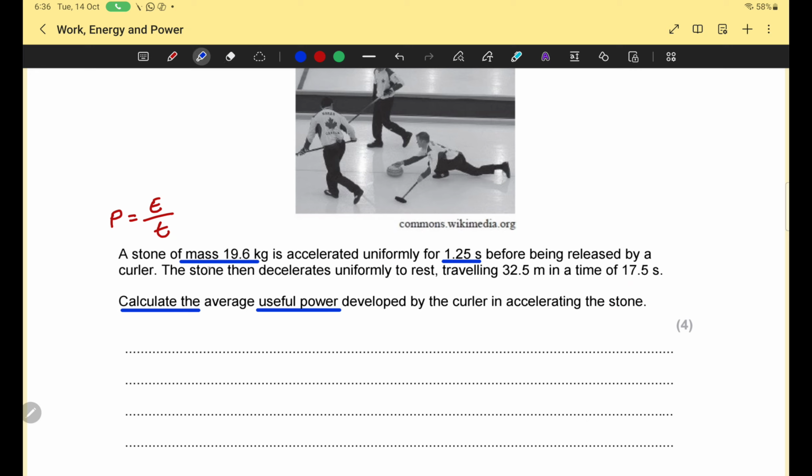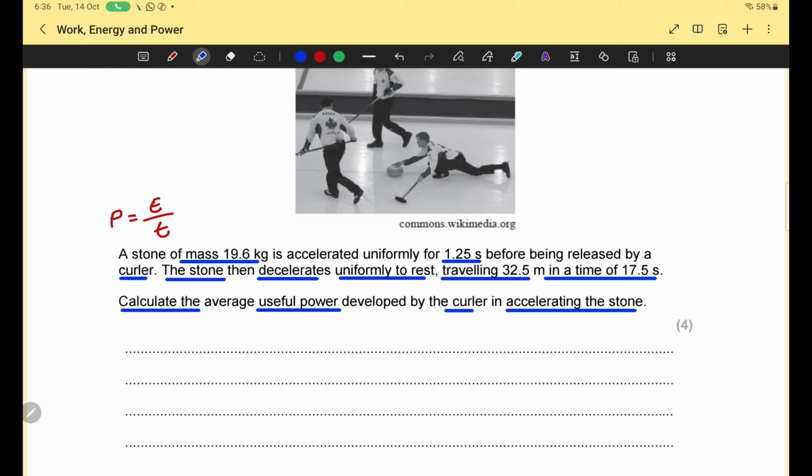A stone of mass 19.6 kg is accelerated uniformly for 1.25 seconds before being released by the curler. The stone then decelerates uniformly to rest, traveling 32.5 meters in a time of 17.5 seconds. Calculate the useful power developed by the curler in accelerating the stone.